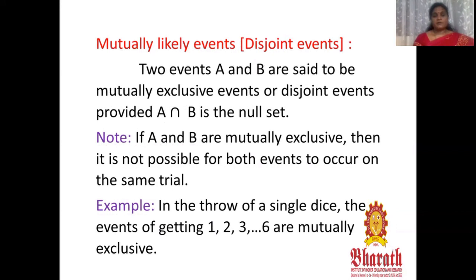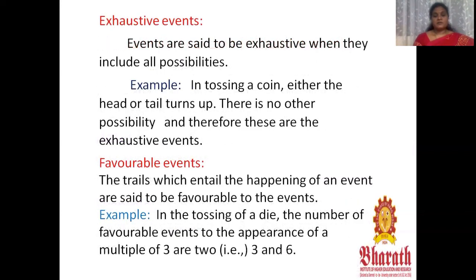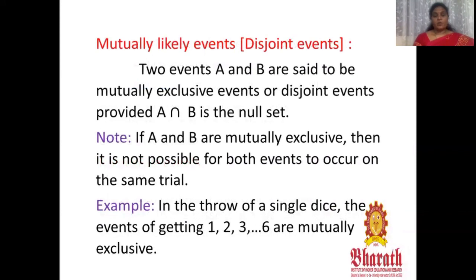Note, if A and B are mutually exclusive, then it is not possible for both events to occur on the same trial. Example, in the throwing of a single die, the events of getting 1, 2, 3, 4, 5, and 6 are mutually exclusive.